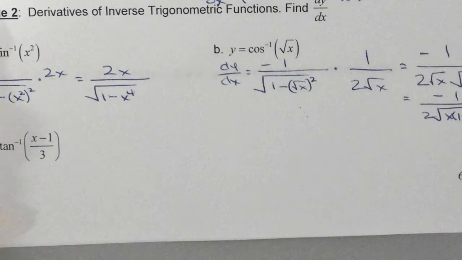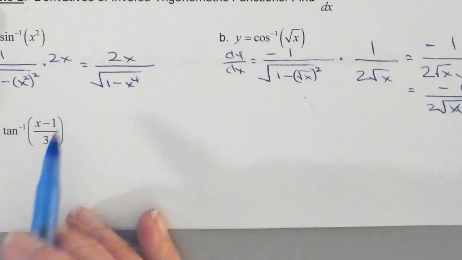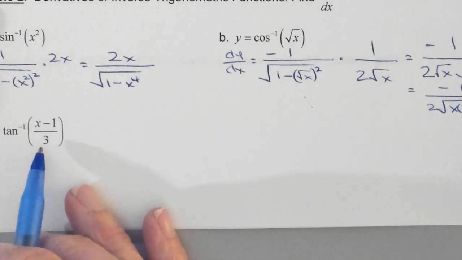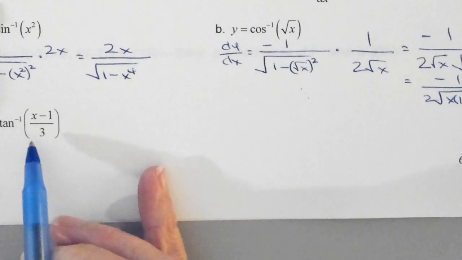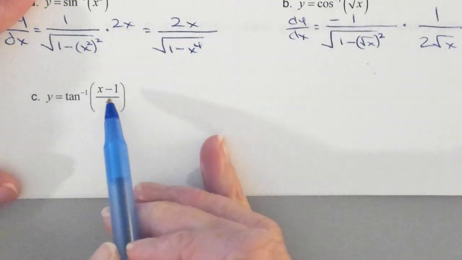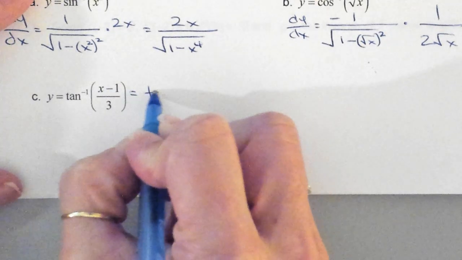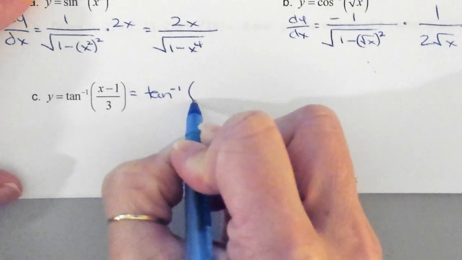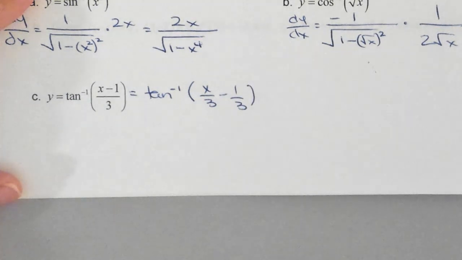All right, this last one. Hot mess here because we're dealing with tangent. And this tangent is a fraction. So a couple different things. One thing that you need to think about, this is the same thing as the inverse tangent of x over 3 minus 1/3. All I did was make them into two separate fractions.